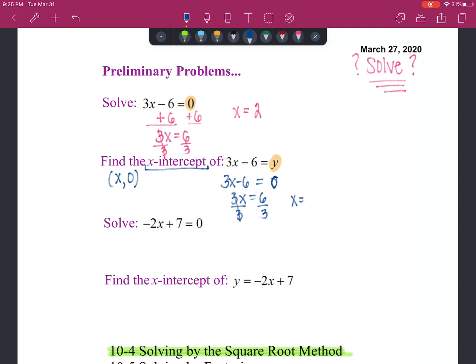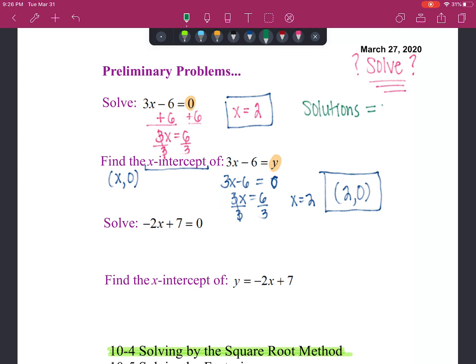And I end up with the same exact problem I had before where it just said to solve. So here x equals 2. The difference is that the solution x equaled 2, but when it said find the x-intercept, we had an ordered pair. So solutions and x-intercepts are synonymous. Solutions equal x-intercepts.